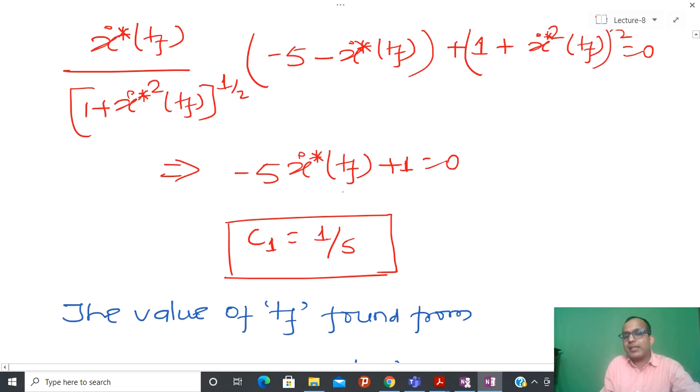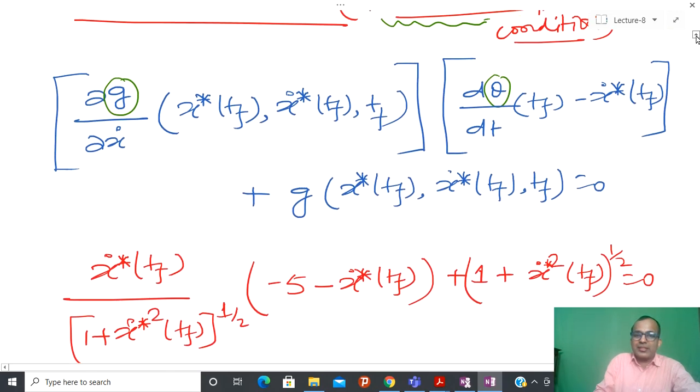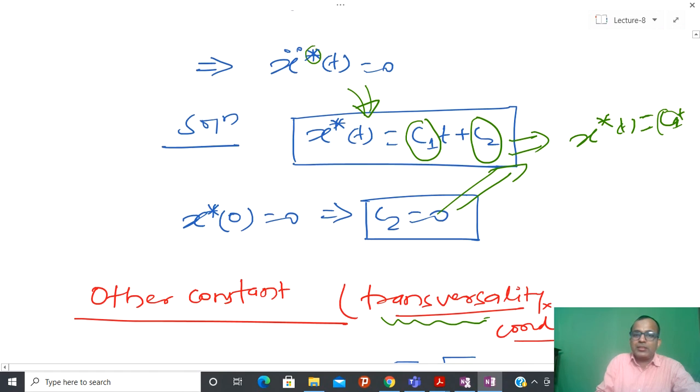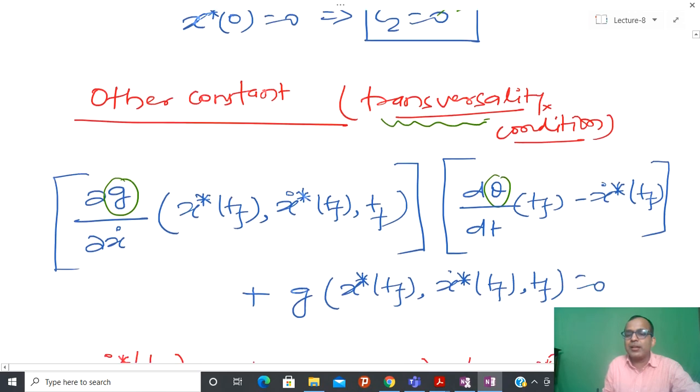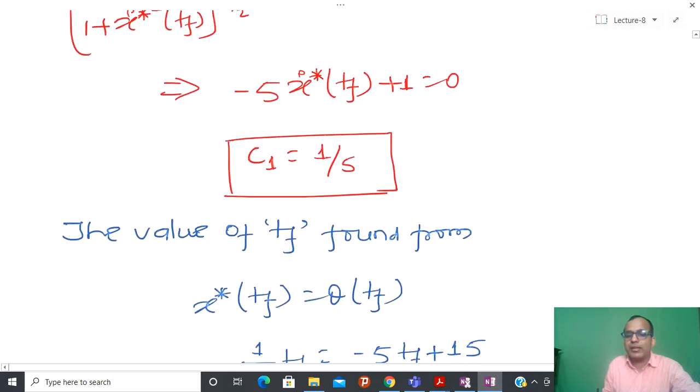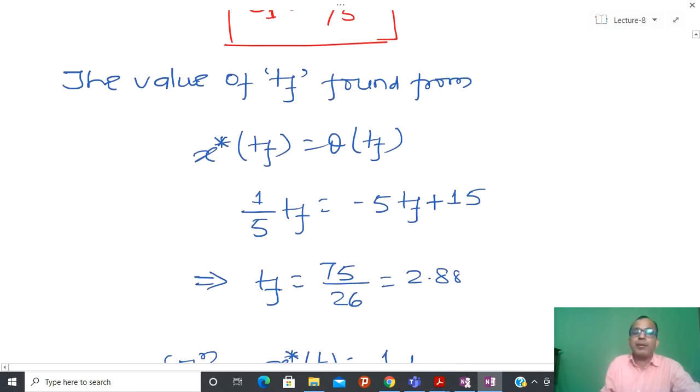You can take the differential on both sides, by taking the differential of this particular curve, because for the second order curve I have C1 t plus C2. So if you calculate the differential, then x star dot(t) equals C1. So you will get the value of C1, and C1 is nothing but 1 by 5 in this particular case. In this way I am able to calculate the final time also.